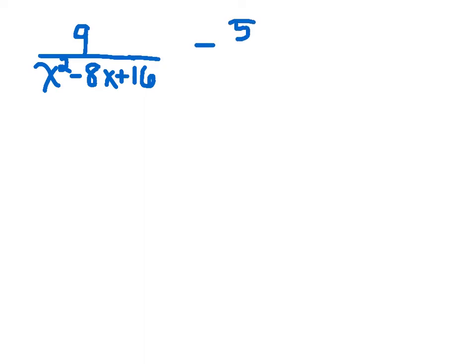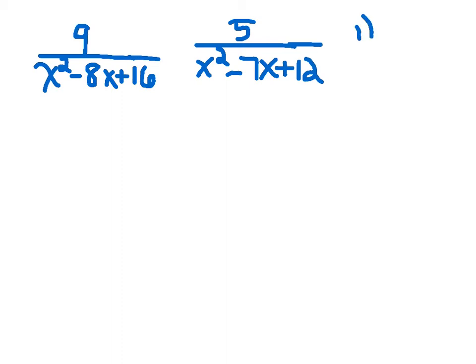9 over x squared minus 8x plus 16, and 5 over x squared minus 7x plus 12. Again, I think your factoring is solid enough at this point that it shouldn't be that hard. Remember, factor the denominators first.